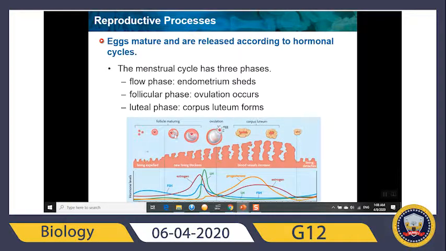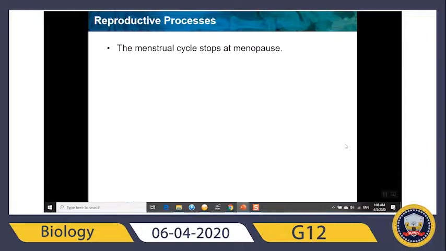This is how the hormone levels change through each phase. The lining sheds, and if fertilization does not occur, the lining will shed again. This is the menstrual cycle.